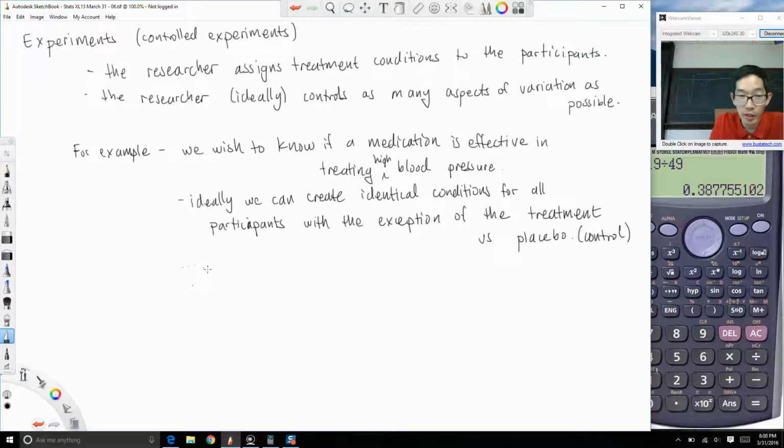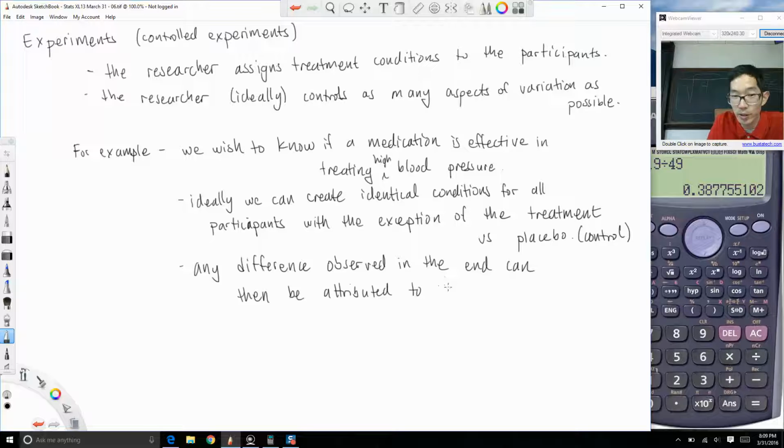Any difference observed in the end can be attributed to the different treatments, and not other factors.